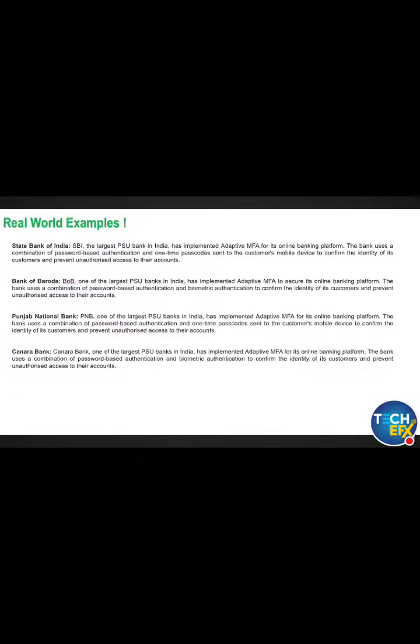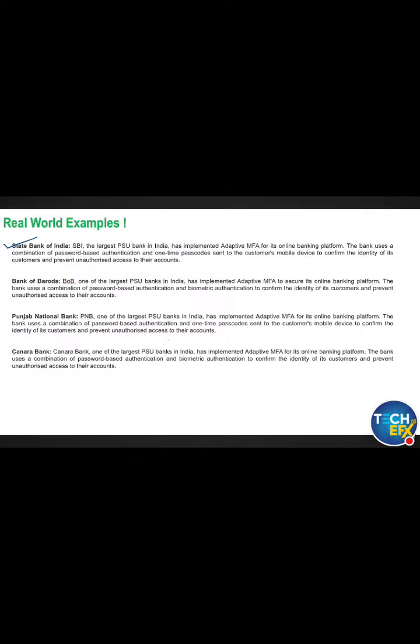Let's find the real-world examples now. Here are a few real-world examples of PSU banks in India that have successfully implemented adaptive multi-factor authentication. First one is State Bank of India. State Bank of India, the largest PSU bank, has successfully implemented adaptive multi-factor authentication for its online banking platform.